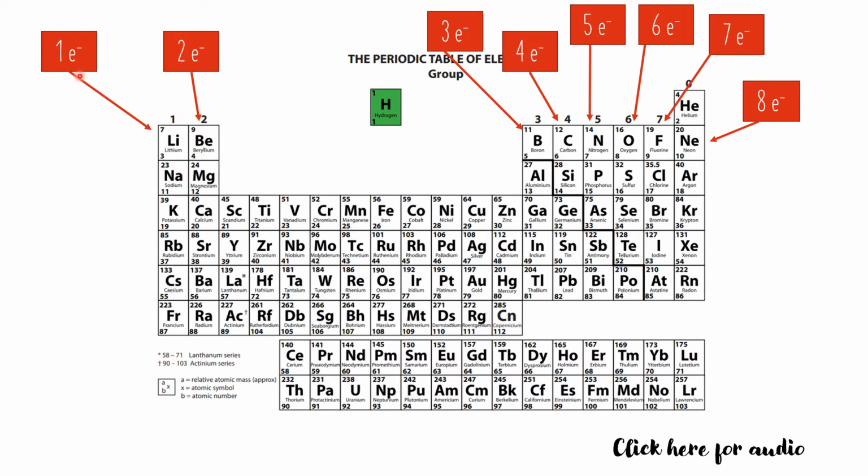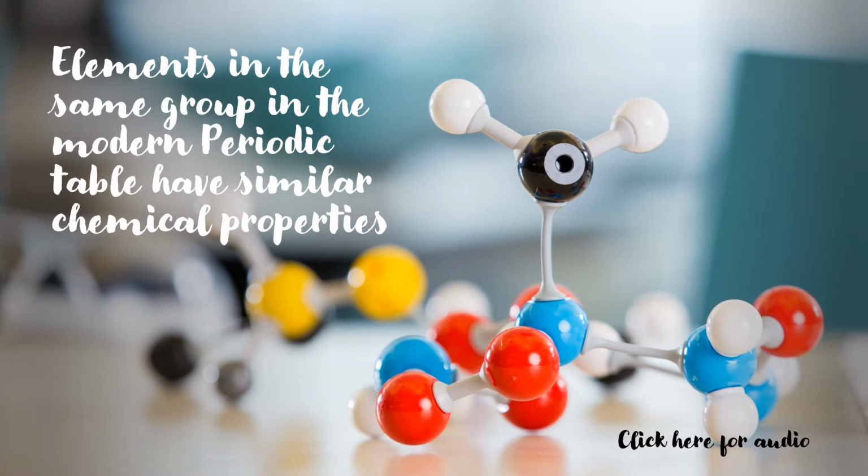So really what we should take from this wee slide is how many electrons are in the outer shell if you're in a specific group, and that the number of electrons in your outer shell determines how you will behave in a reaction.